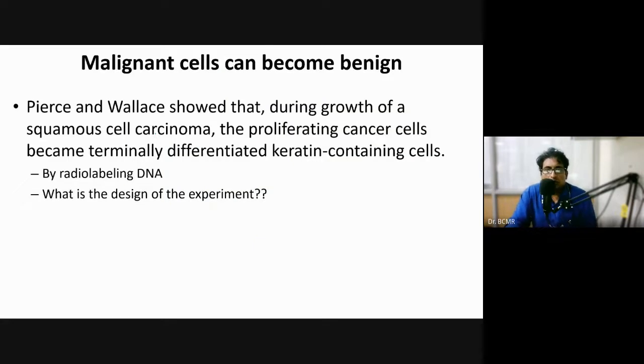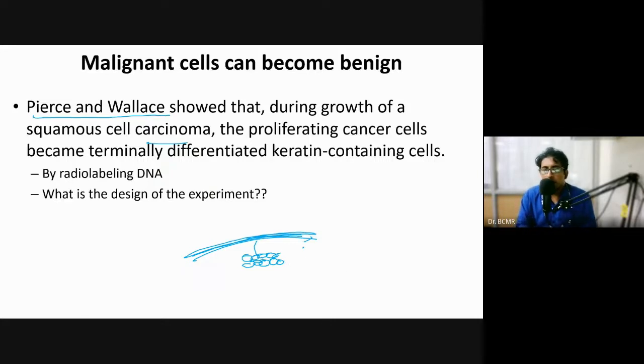Okay, I want to have a brief discussion on differentiation therapy. In one of the experiments, Pierce and Wallace showed that if there is a squamous cell carcinoma, this is the tissue, this is the tumor, and on the skin, this is the keratin layer that is present on the utmost surface of our skin.